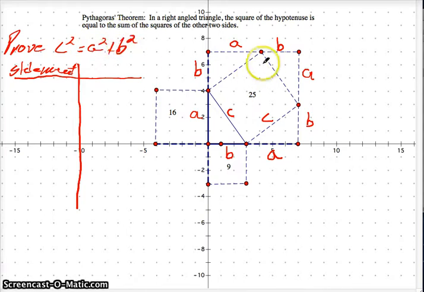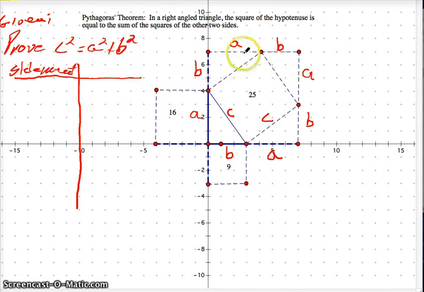We are given the sides A, B, and C. The strategy is to find the area of this entire square, and then find what the elements of that area are, in other words, by using partition. So the goal is to be able to do that.